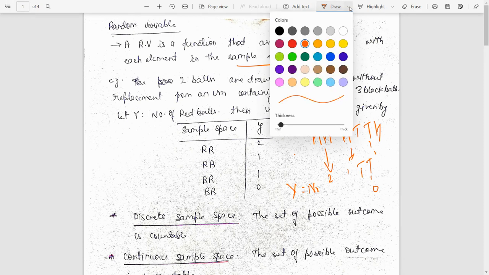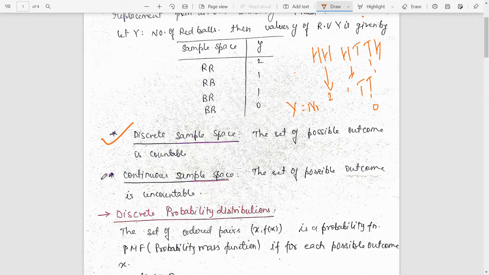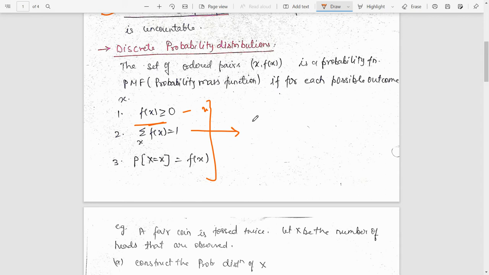In the last lecture, I discussed this in detail, and you can see the recording itself. Then we moved to the discrete sample space and continuous sample space. Then I introduced the discrete probability distribution. It comes from a countable sample space, and the property is simple: f(x) should be greater than or equal to zero for all points x, and if you add the values of f(x) at all present x, then it will be 1.